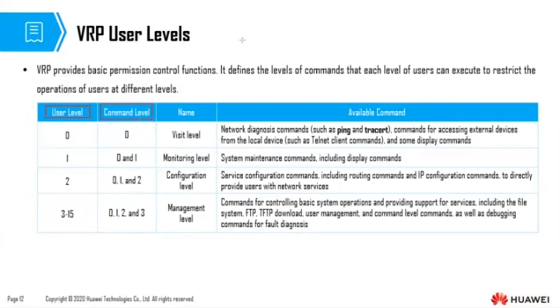By mapped, meaning, for example, if you are user level 0, you can only access command level 0. If you're user level 1, you can access command level 0 and 1, and so on and so forth. What is important to note here is that the user levels move from level 0 to level 15.